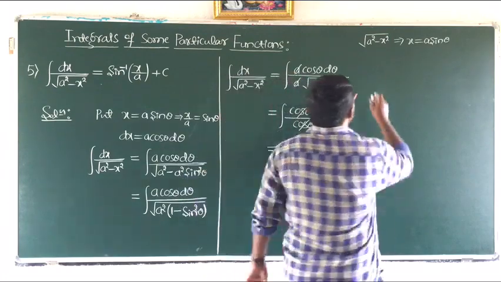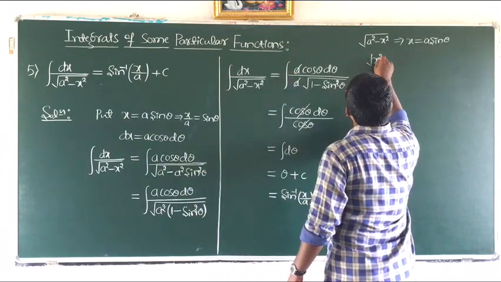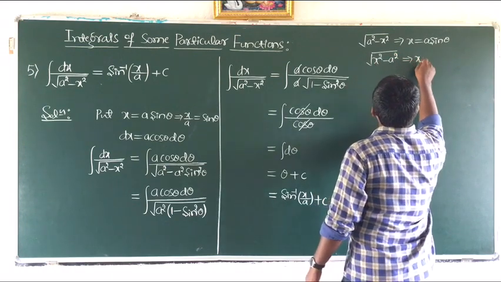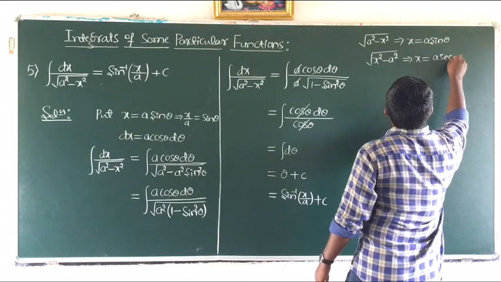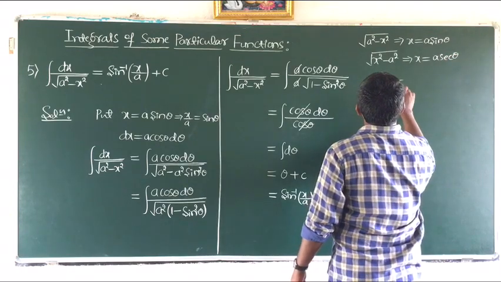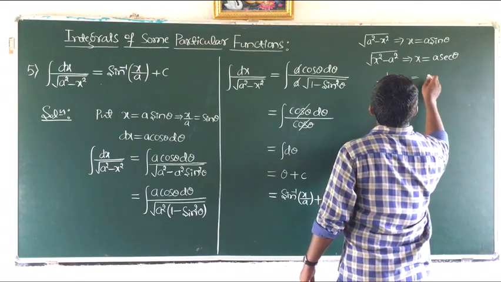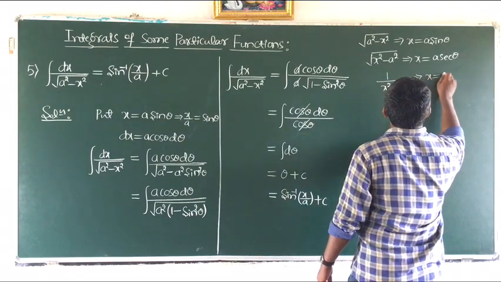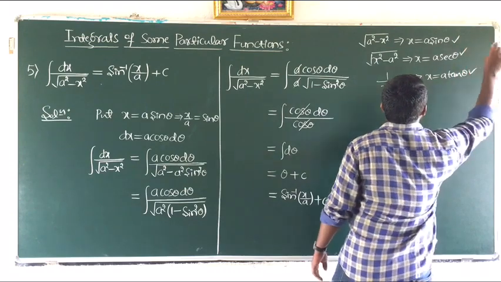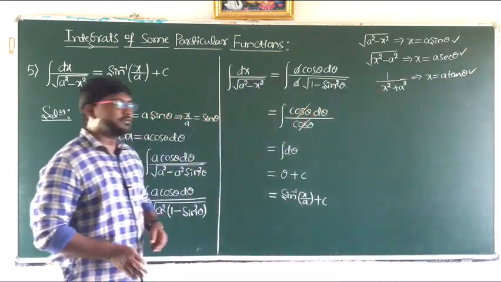Whenever you have under root x square minus a square, always go for x equal to a secant theta, and whenever you have 1 divided by x square plus a square, this implies x equal to a tan theta. So this is all about the substitutions. So pause the video to note it down.